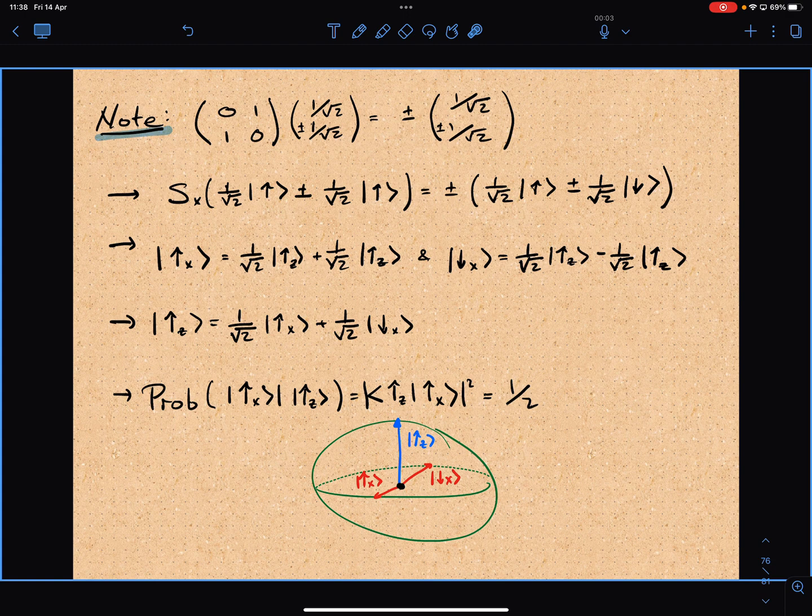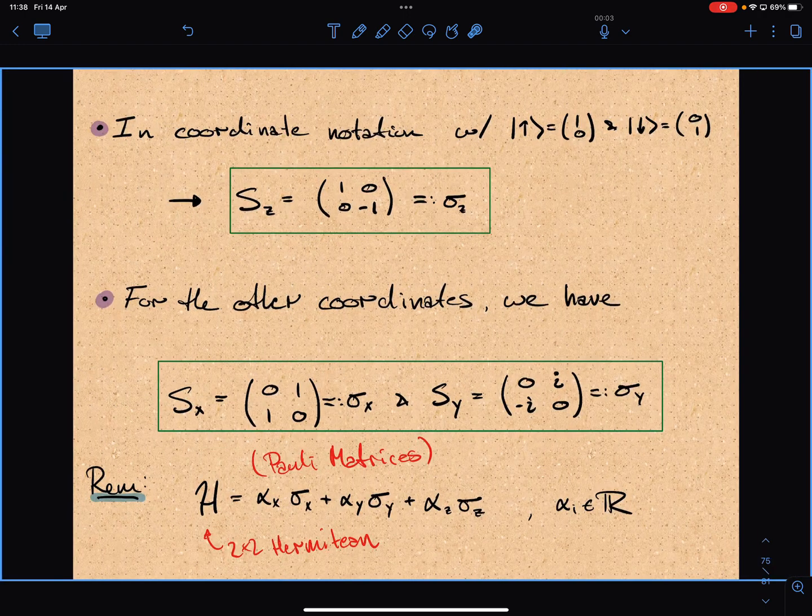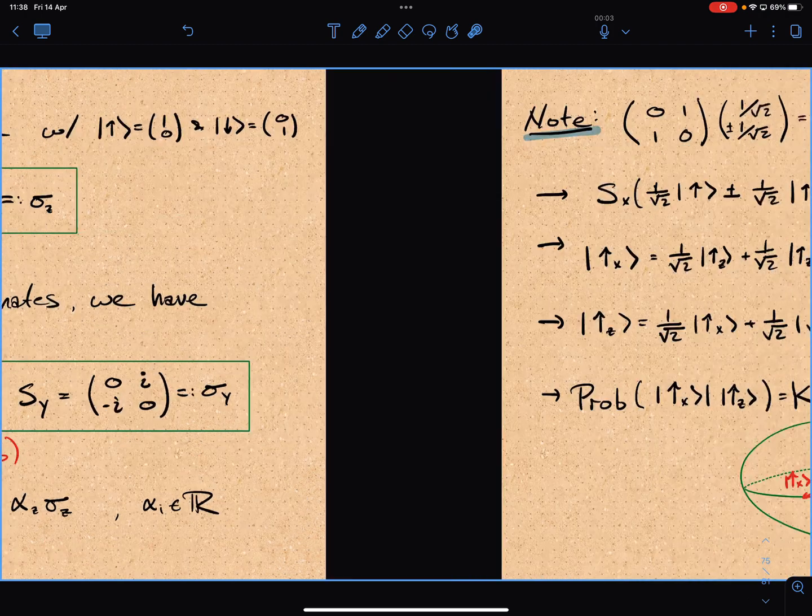The first eigenvalue equations really pin down the Sz operator, but the other two I could have chosen as anything else, and I want to motivate that they're actually the appropriate choice for the spin operators in the x and y coordinates.